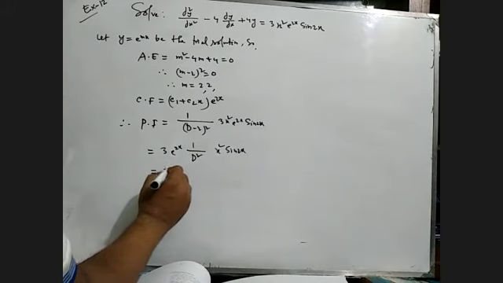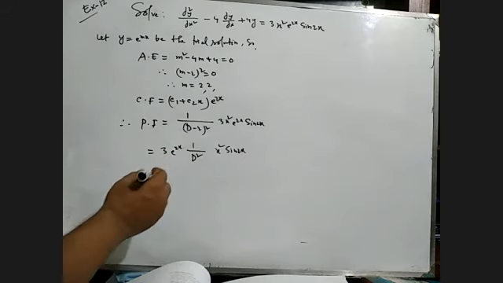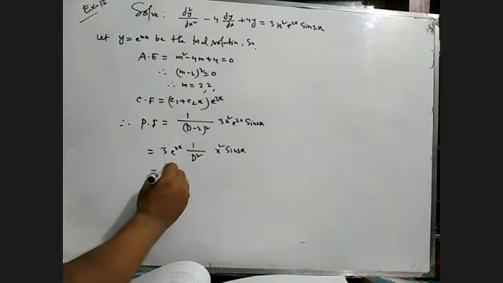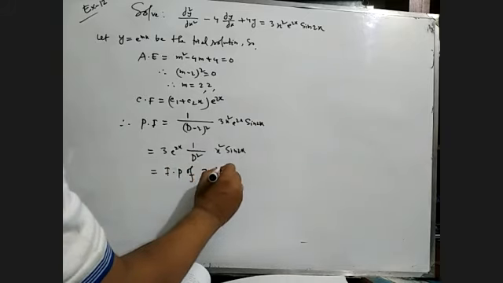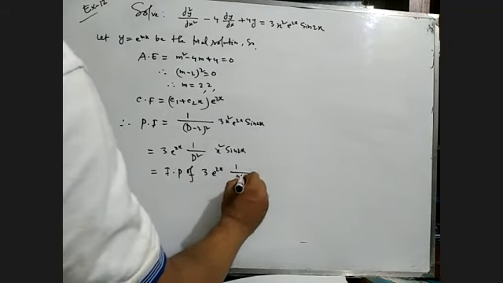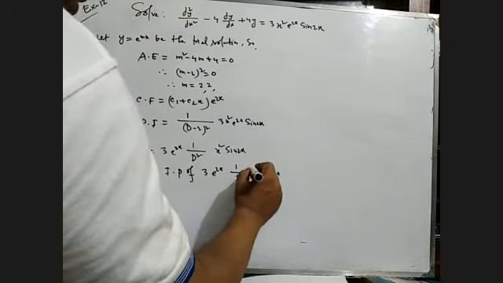This equals the imaginary part of 3 e to the power twice x into 1 by D square x square sine twice x.